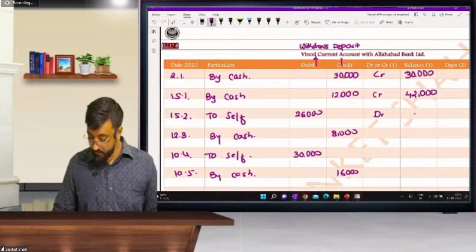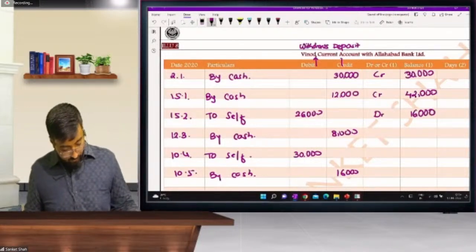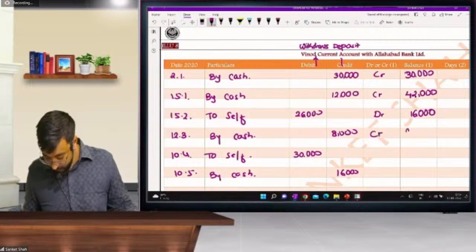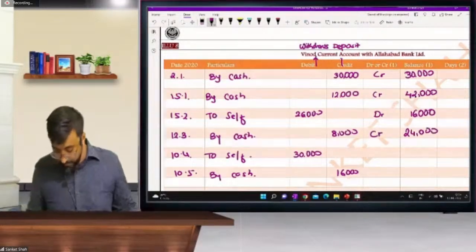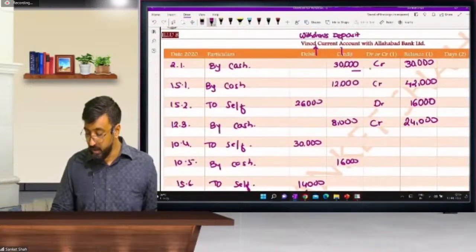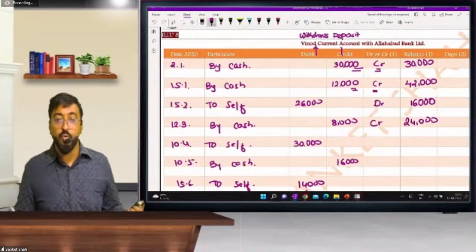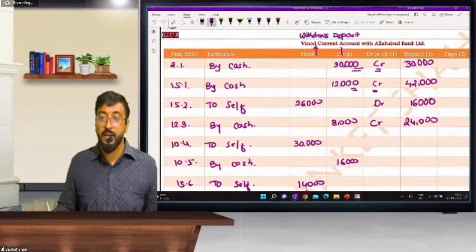Debit 16,000. Credit 24,000. How we calculated? See, 30,000 credit, again 12,000 credit. So 42,000 now balance. Now you withdrew 26,000. So what is the balance that is remaining?